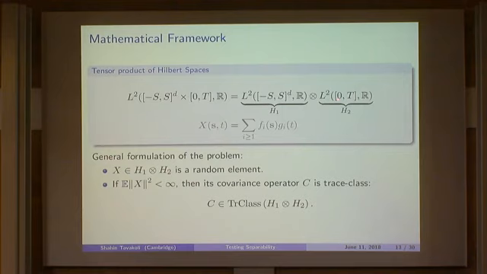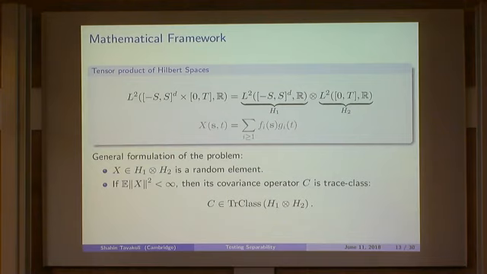What this really means is that I can write x of s,t as a sum, possibly infinite, of functions of s times functions of t. We take all the products of functions, take their linear span, and now we complete it.